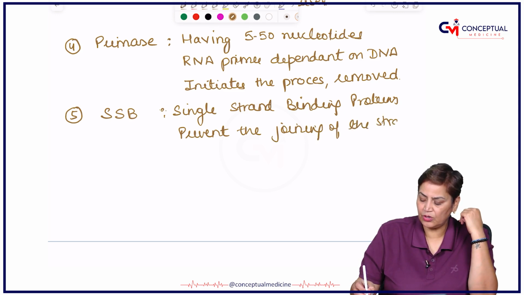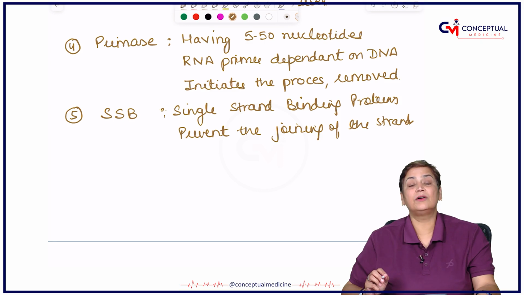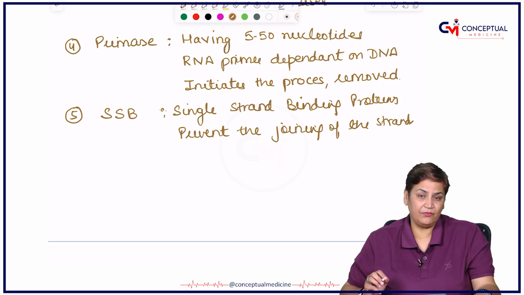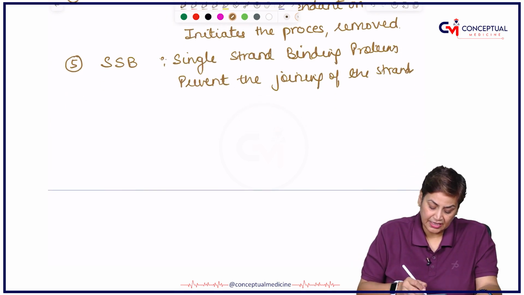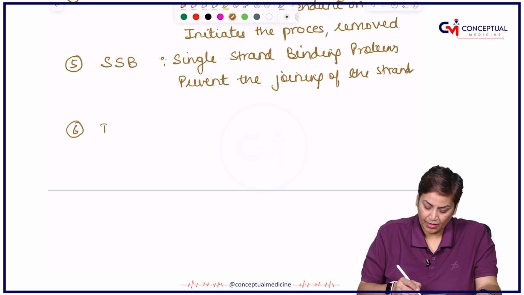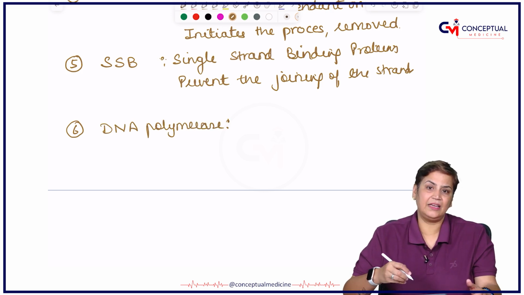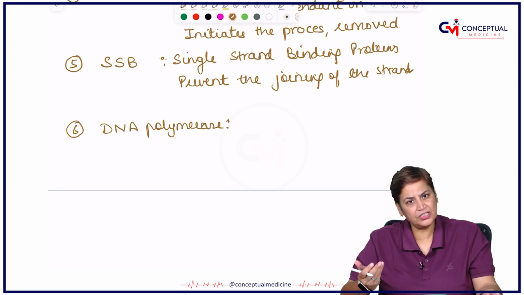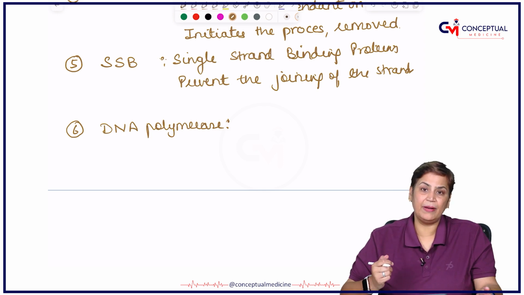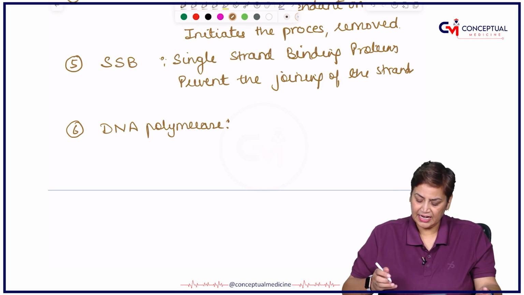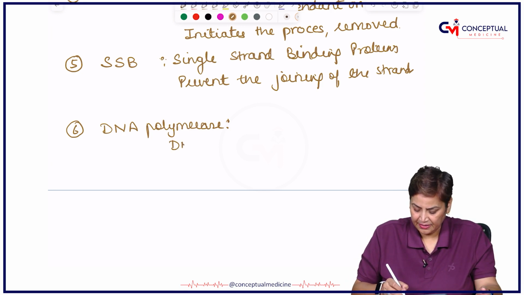And then we come over to the last, most important, maximum fidelity enzyme, which is DNA polymerase. Right, now this DNA polymerase, which is the main enzyme here, is catalyzing the polymerization, and it has to be DNA dependent DNA polymerase because we are synthesizing DNA.